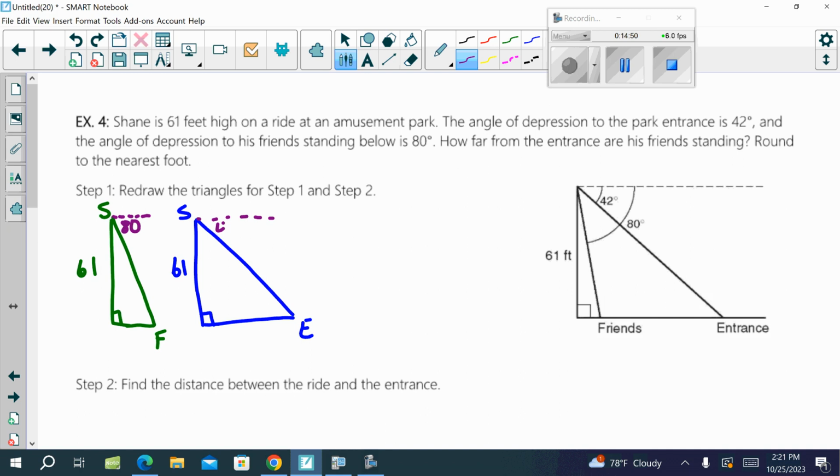And what did we say at the very beginning of the notes about angles of depression and angles of elevation? They're congruent. So where else can I put this 80 and this 42 in these triangles? Where would be its alternate interior angle? Good. So this is 80 here, and this is 42 here. Does everybody understand that? Yep.